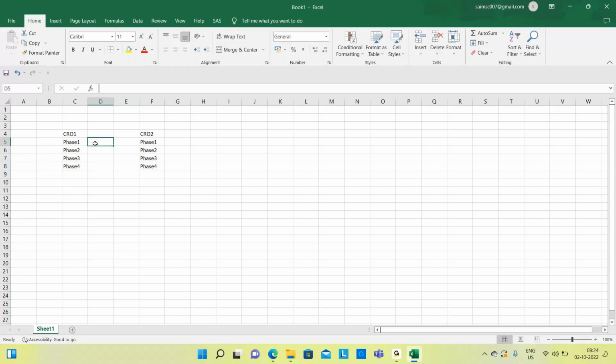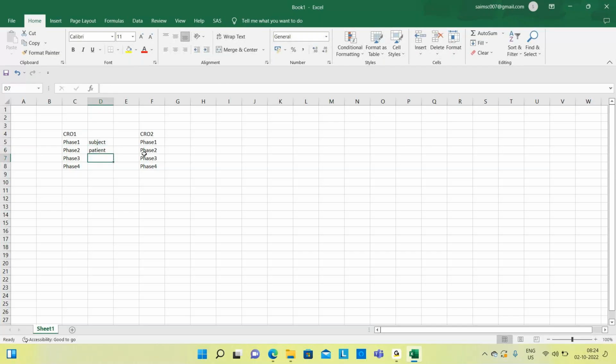Now you can see here. In CRO1 the terminology is like this: in phase 1 they used to call them subject, subject ID. In phase 2 they call them patient. Phase 3 also they call them patient.